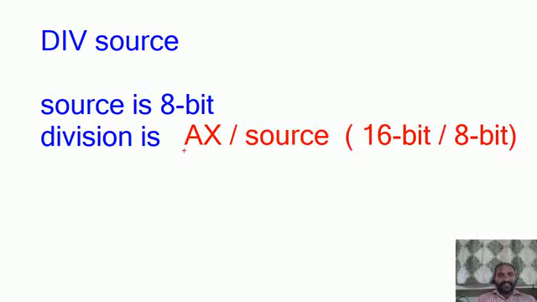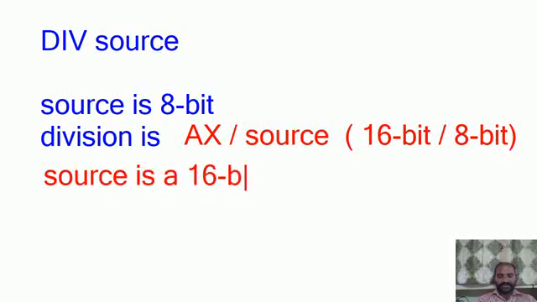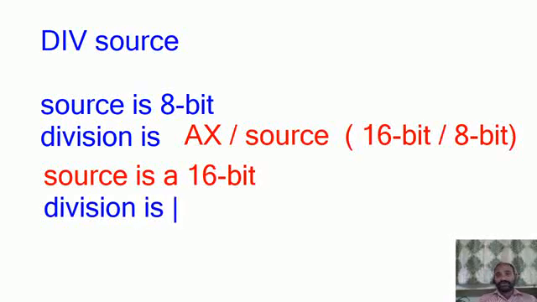If the source is a 16-bit number, then the division is going to be 32-bit by 16-bit.